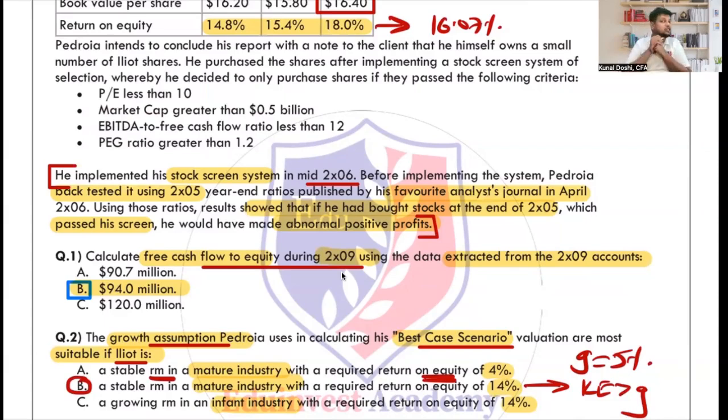So he is using the ratios, but backtested using 2005 year-end ratios, which were published in April. So guys, you're using a ratio published in April, correct? But the information of, let's say, a price to book value ratio, the price is of the current year, but then you are using information which is based in April. What type of bias is it?